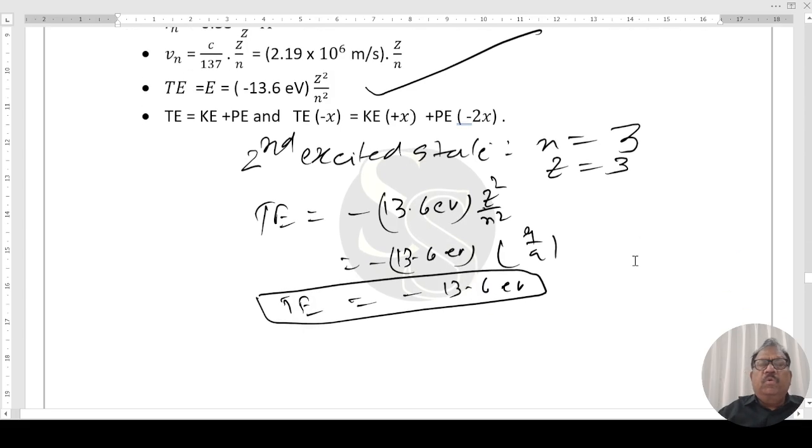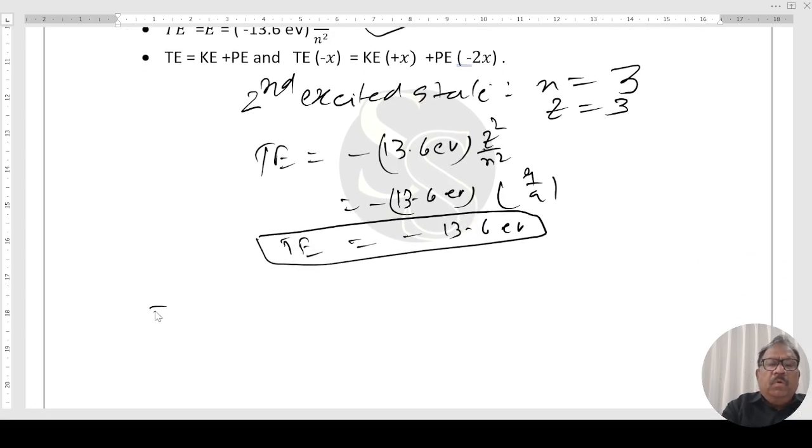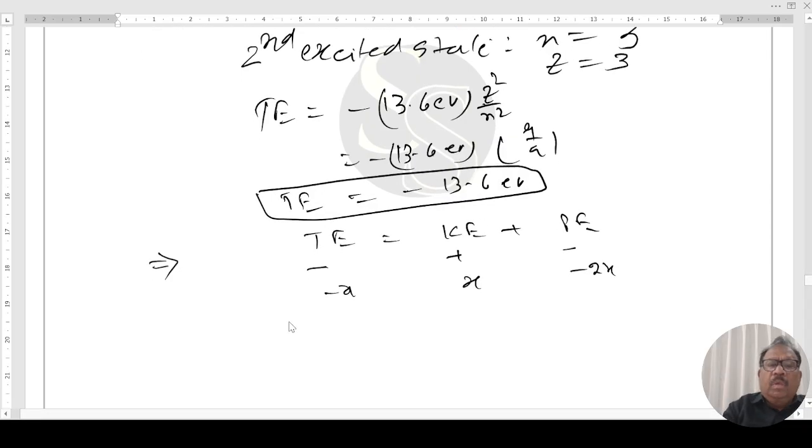Right? If total energy is known, we know relation with total energy is sum of kinetic energy plus potential energy. This is always negative, this is always positive, this is always negative. This is minus x, then this is x, this is minus 2x. Means magnitude wise total energy is equal to the kinetic energy magnitude wise.